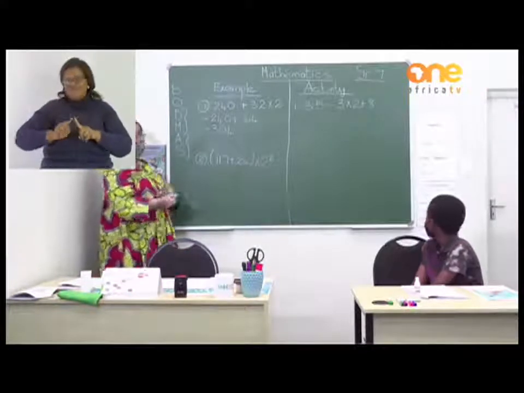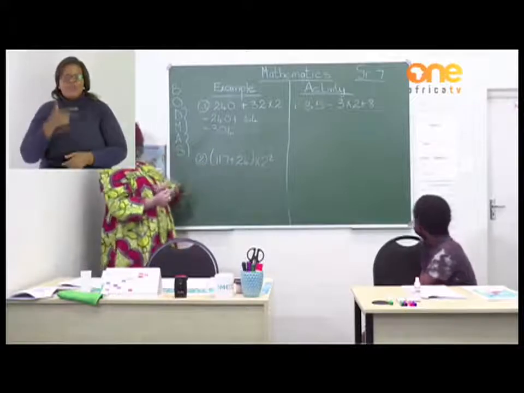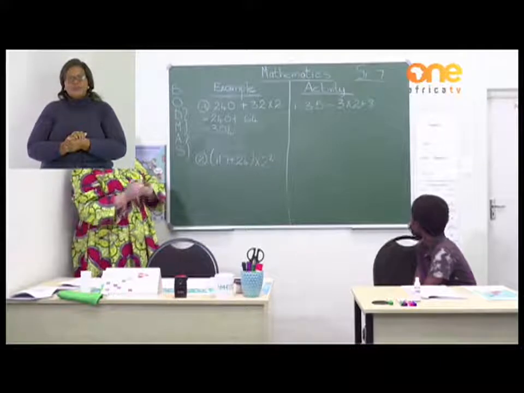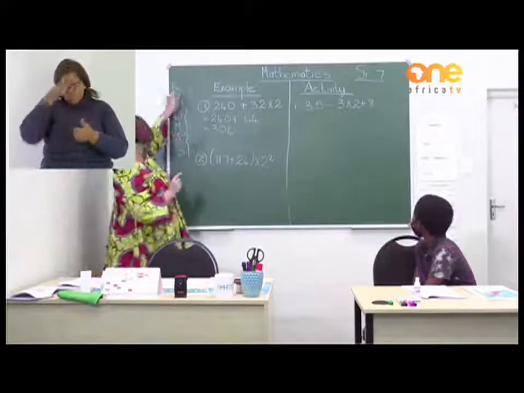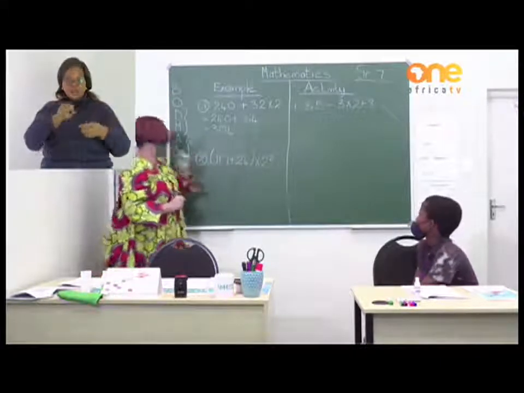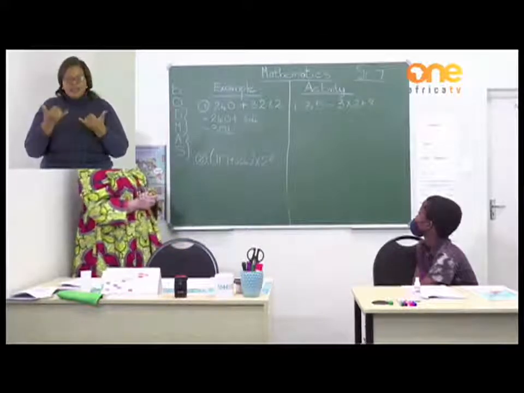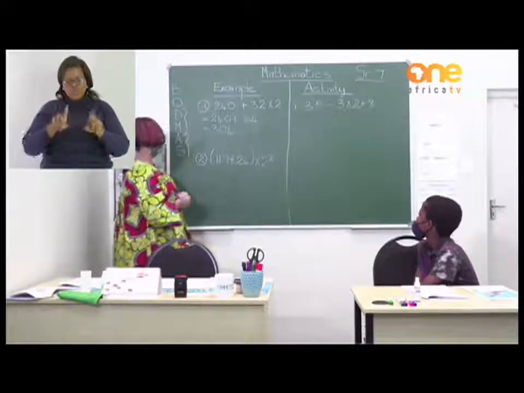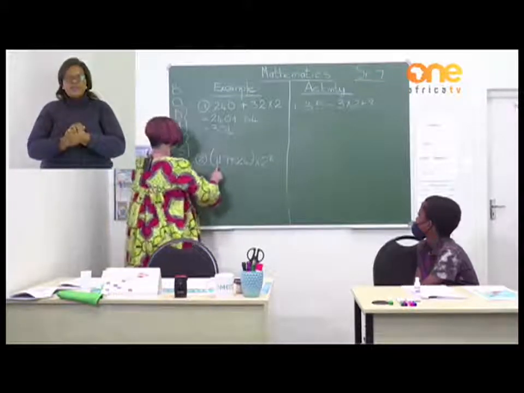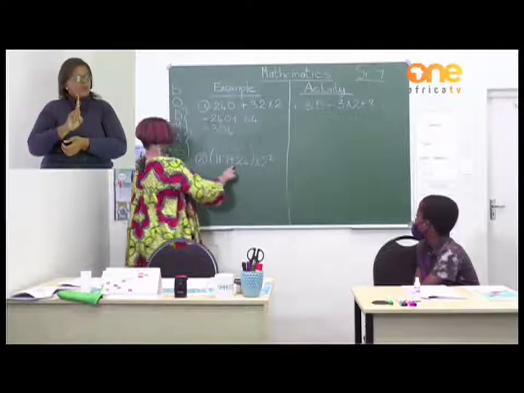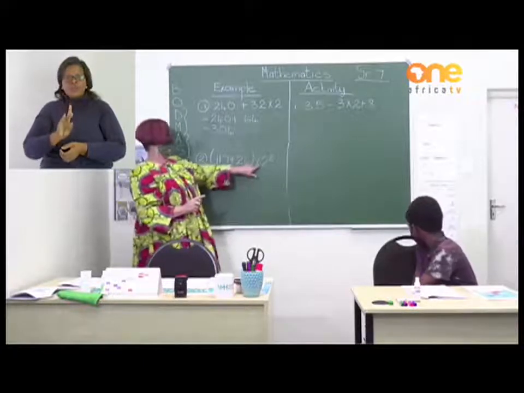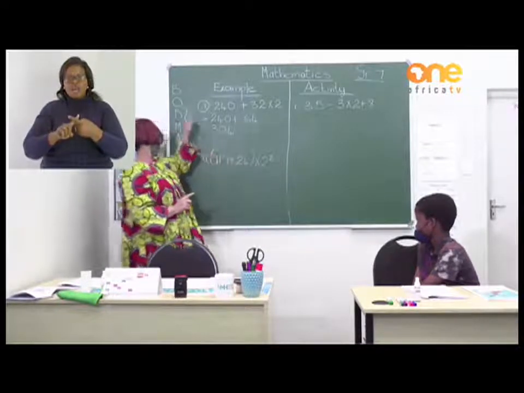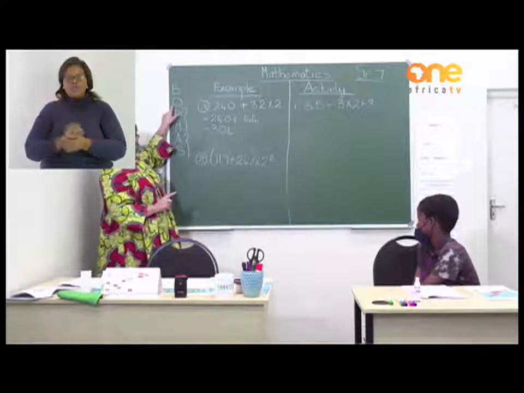Thank you. All right, let's do our second example. Do you know what we are going to do first? Of course, brackets. In this sum, we have brackets, so we will do our brackets first. 117 plus 24 times 2 squared, né? 2 squared, which is order.